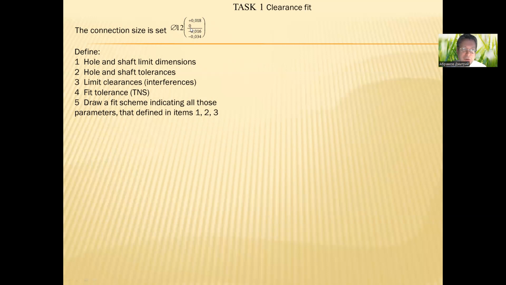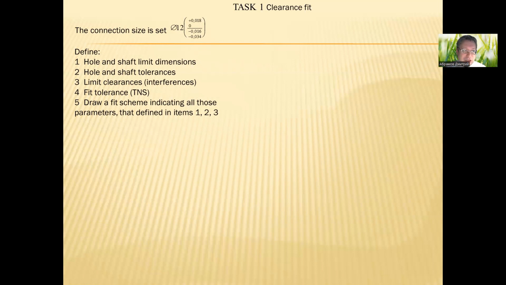Lower limit deviation of the hole is equal 0. Upper limit deviation of the shaft minus 0.016 and lower limit deviation of the shaft minus 0.034. So define first hole and shaft limit dimensions.